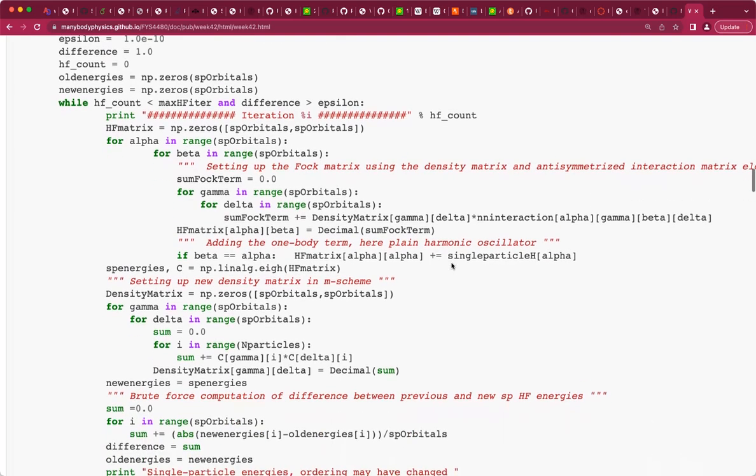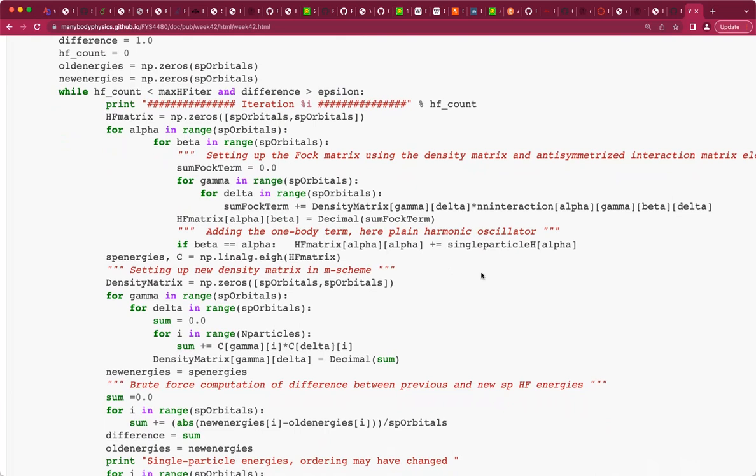And then we have, in case beta is equal to alpha, the diagonal piece, which is the single particle energies, which in our case are given by the standard classic Bohr model for the hydrogen atom. And that's pretty simple to add.